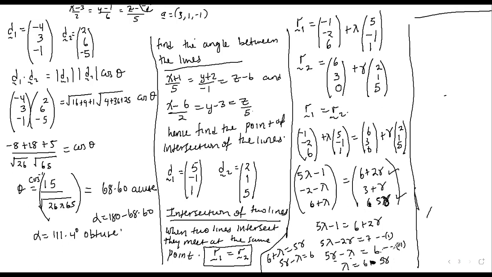You are right, thank you. So it is 5 gamma minus 6 is equal to lambda.